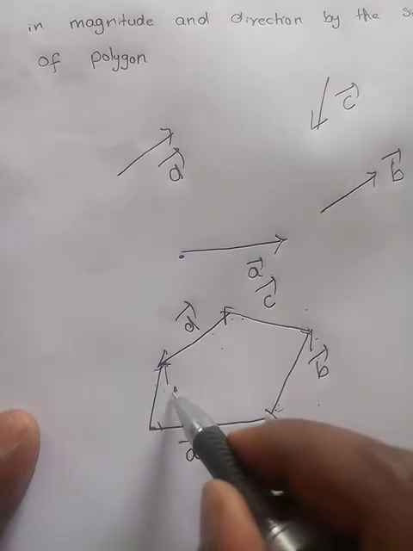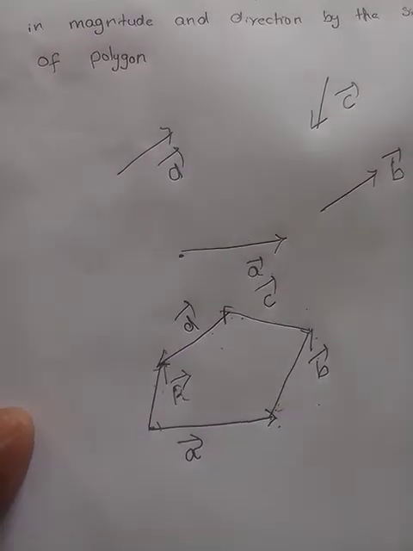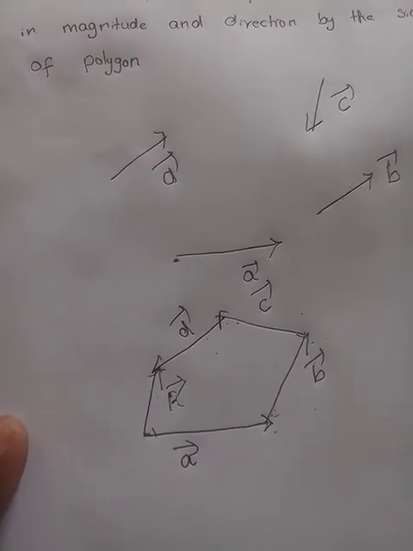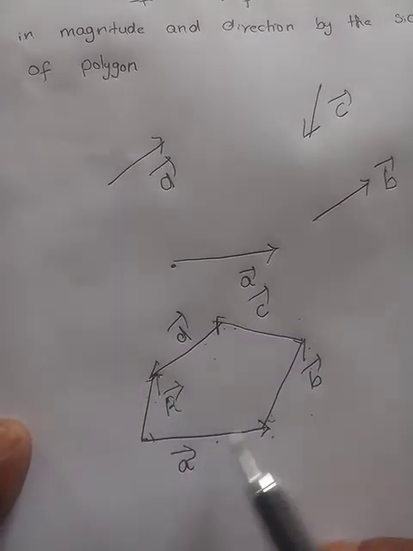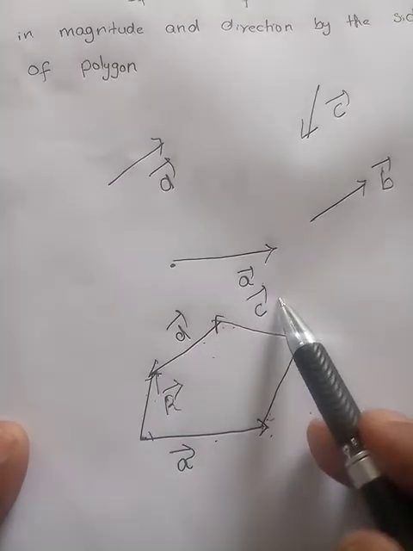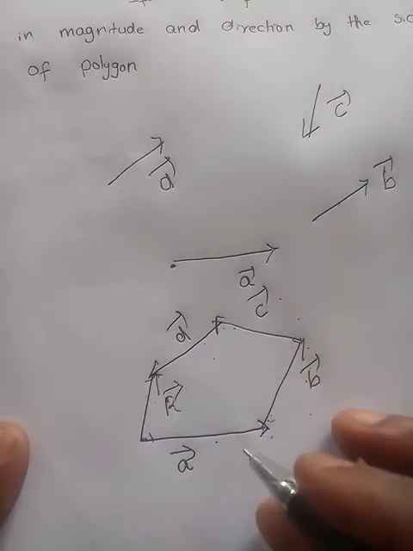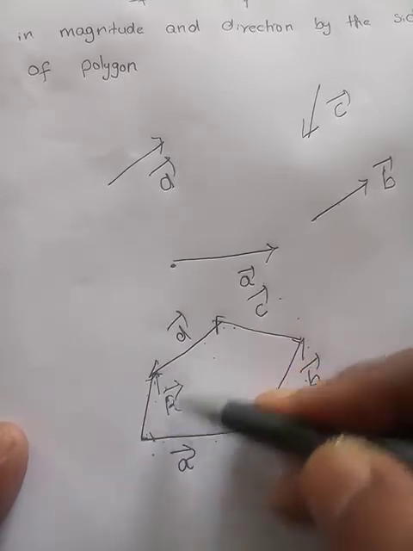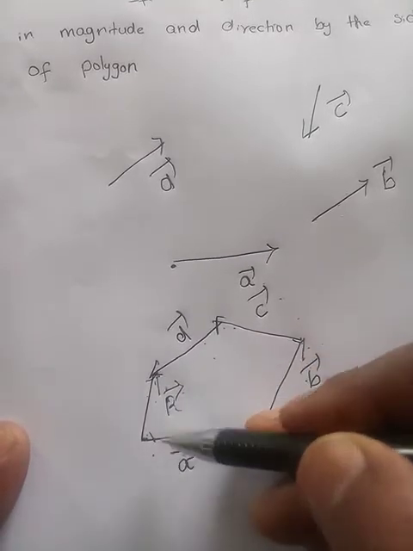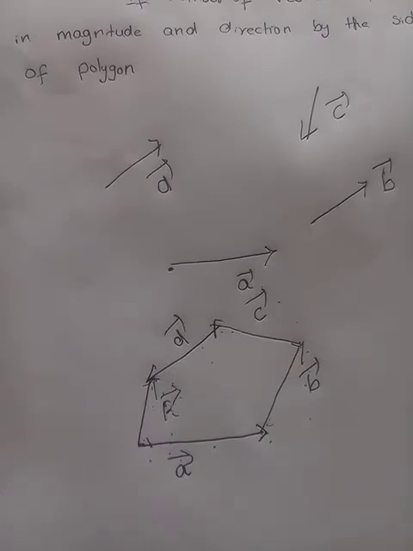So this gives the resultant vector. That is the statement we have got: if a number of vectors are represented in magnitude and direction by the sides of a polygon, then the other side gives the resultant vector in opposite order.